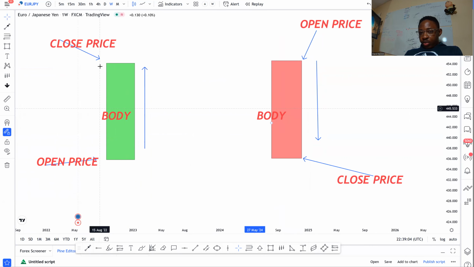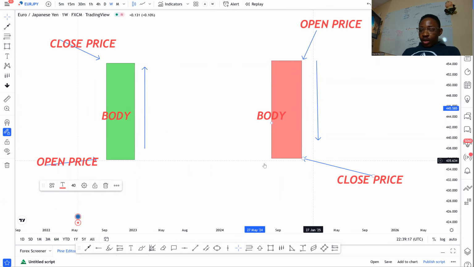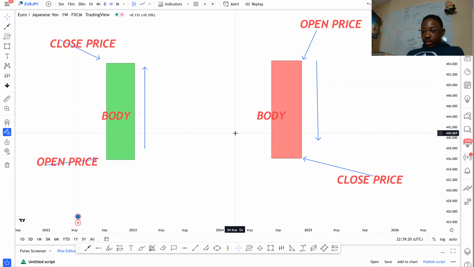So if we are bull, because we are going up, we open here and then we close here. If we're bear, because we are going down, we open here and then we close here, right?